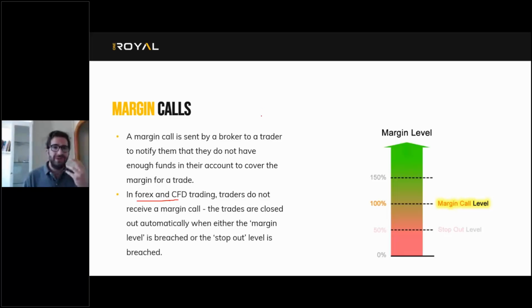If there is not enough equity to cover this margin, then you will be stopped out and your position will be liquidated automatically by the broker. We will give you an example on MT4 as well to explain those terms: margin, leverage, and many other things.